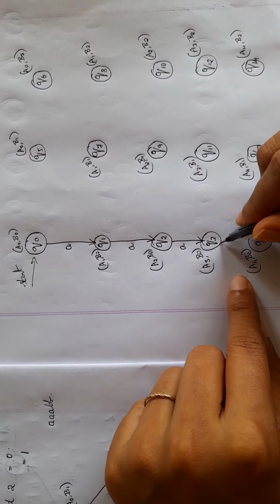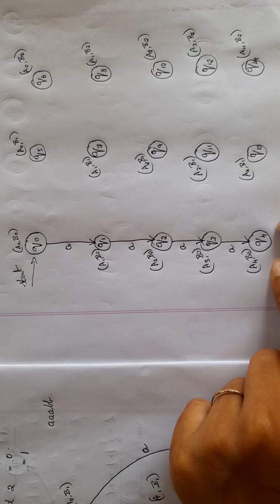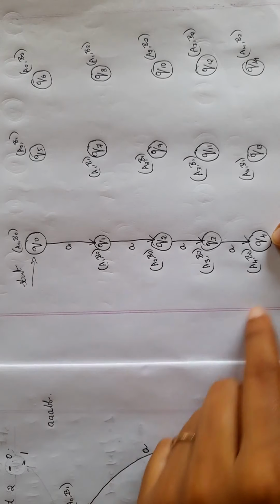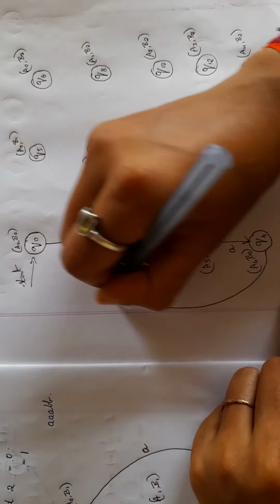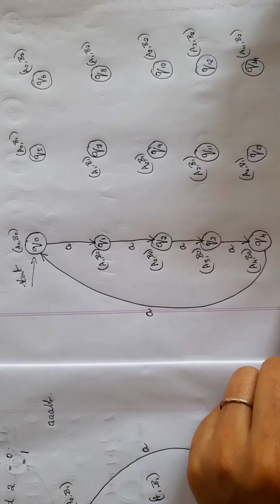Next here it will go to Q4. From Q4, when I read one more A, what happens? A4 is done, it should go back to A0 and this cycle repeats. So from Q4, if I read one more A, it goes back to Q0.